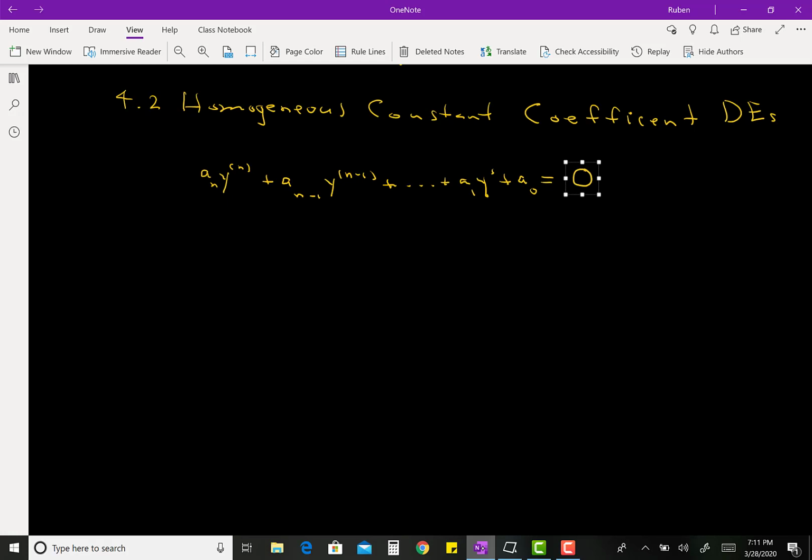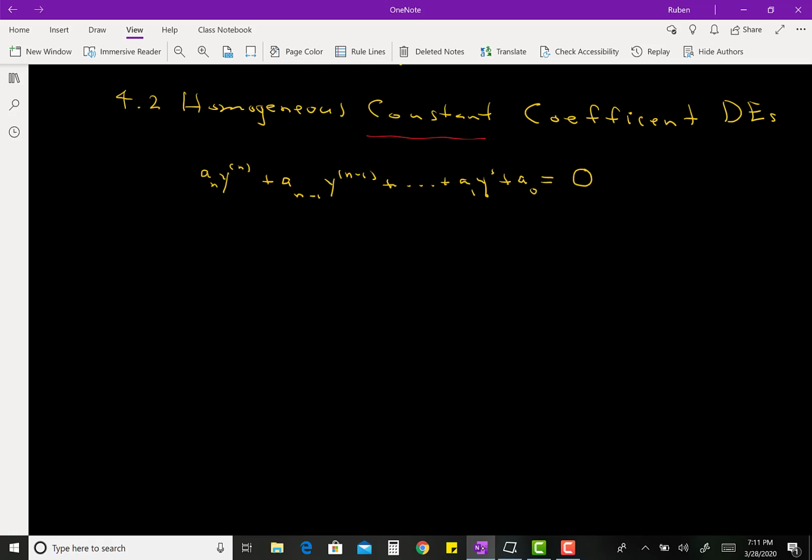In this section, we talk exclusively about that case, and even more specifically, the case where the coefficients of the derivatives are constants. So the a sub n, the a sub n minus 1, all the way down to the a sub 0 are constant functions, or constant numbers, scalars.